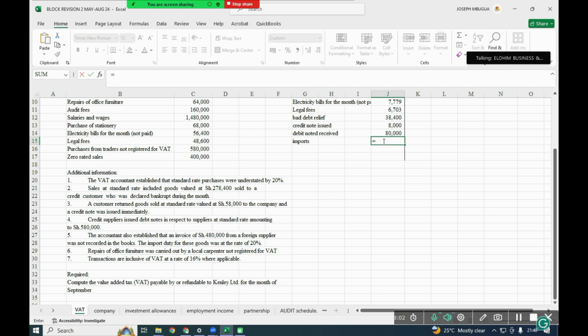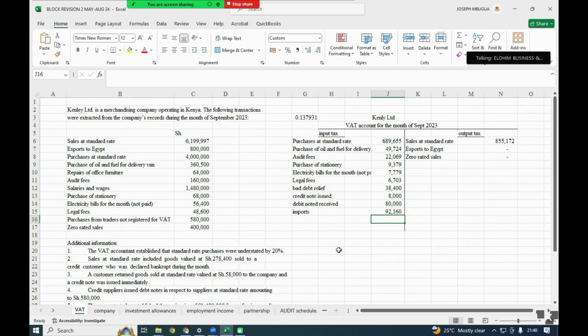So we shall take 480. The first thing we include is the import duty. So here is where we shall multiply by 120% to include the duty, and then by 16%. The VAT is charged at the point of entry, on the port of entry. They are not sold inclusive of the VAT.